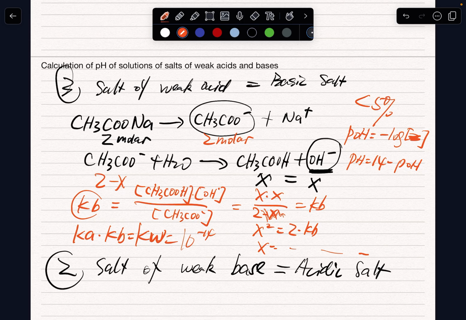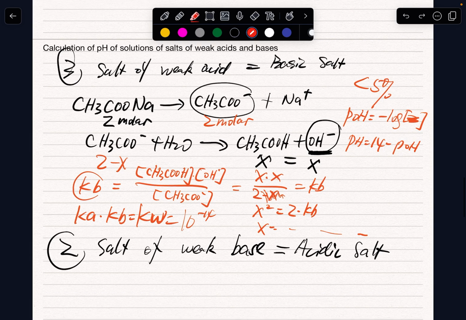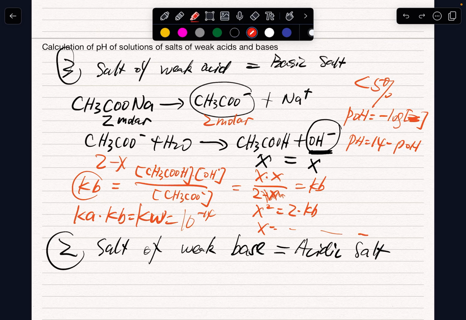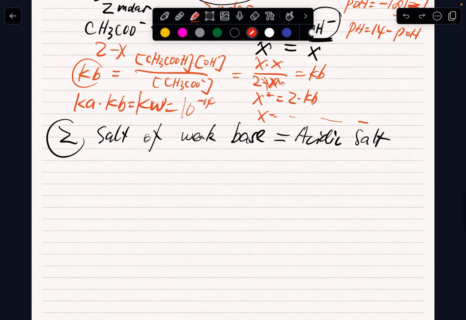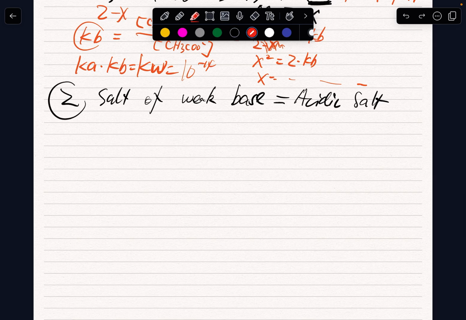Now when you read this AAMC content list, that makes sense, right? Now let's do our last calculation: the pH of solutions of salts of weak bases. So this is basically an acidic salt. Let's do an example, NH4Cl.